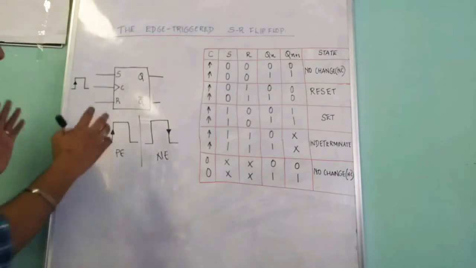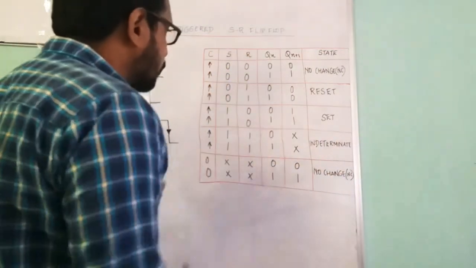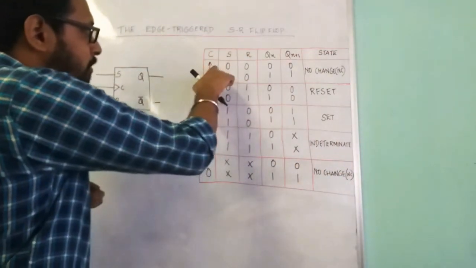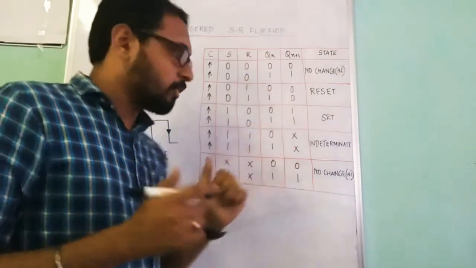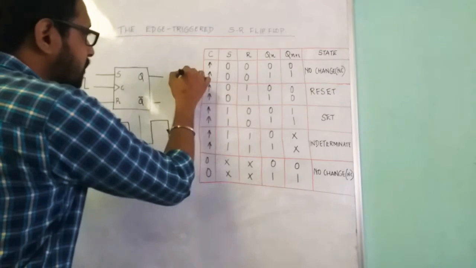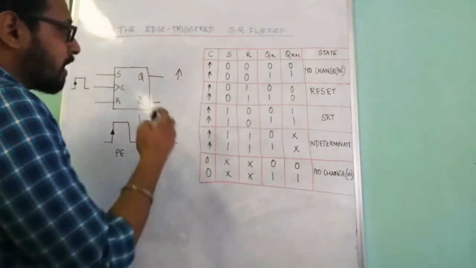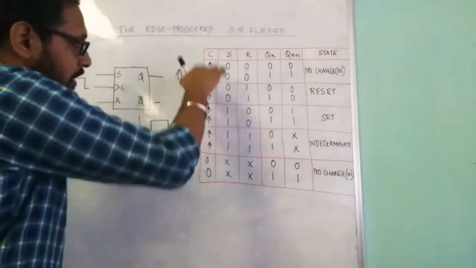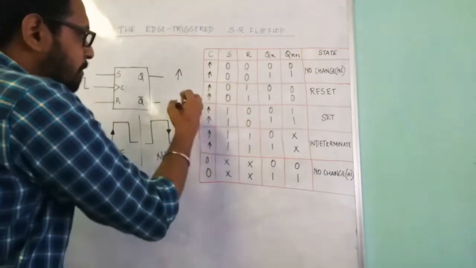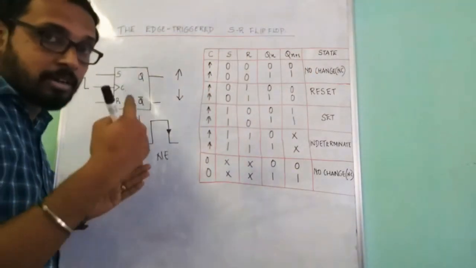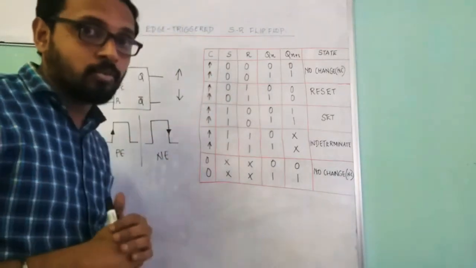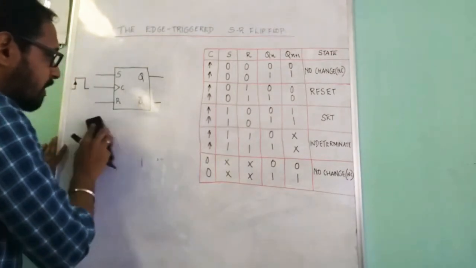When we go for the truth table, here we have drawn all the arrows pointing upward, the case of positive edge triggering. In the case of negative edge triggering, all those cases will be the same, but we need to give the clock as an arrow pointing downward. Clear? So I think all those concepts are clear to you.